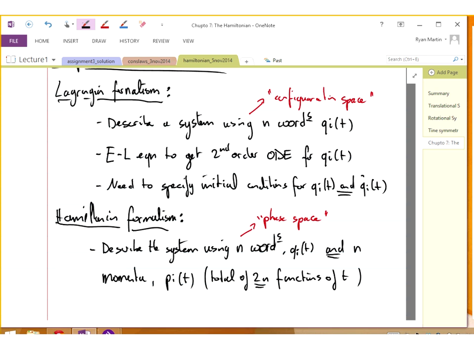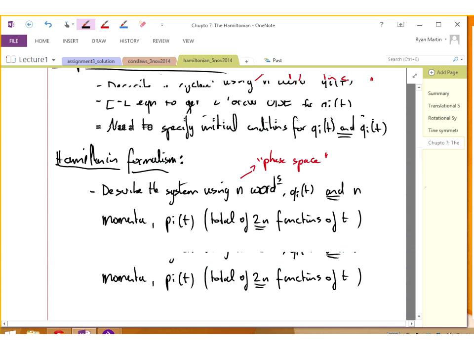So we've promoted pi, the momenta, as one of the variables that describes the position of the system in what we now call phase space instead of configuration space. So configuration space in normal 3 dimensions is 3 dimensions. Phase space in normal 3 dimensions of space is actually a 6-dimensional space.